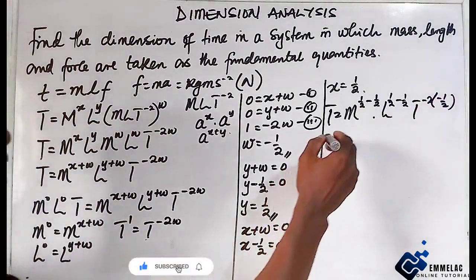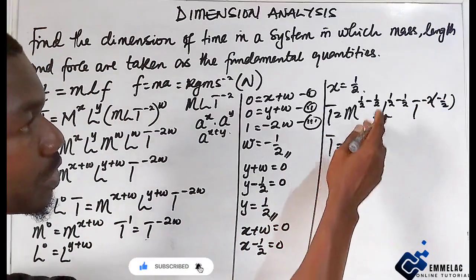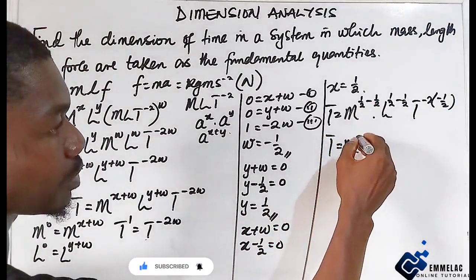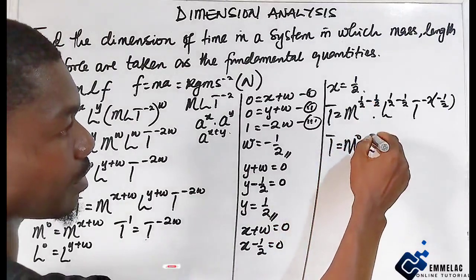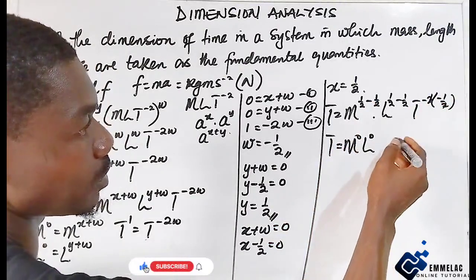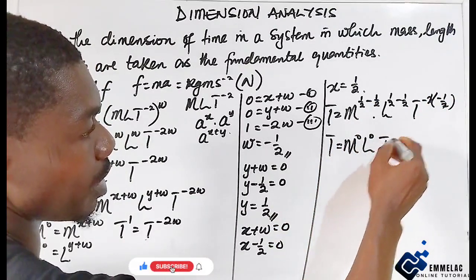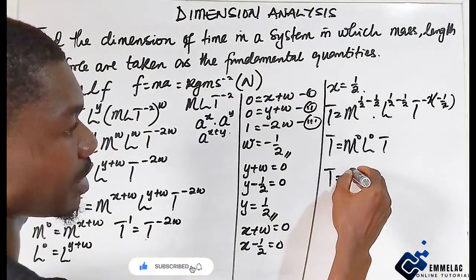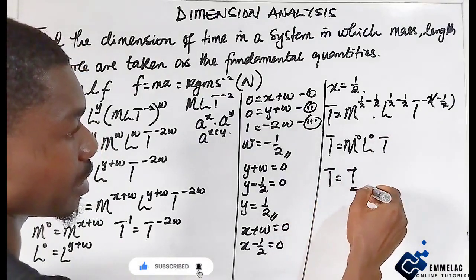So T now equals, this minus this will give us 0, M raised to the power 0, L raised to the power 0, and T, where this cancels this, 1 times 1 gives us 1. So the dimension of time equals T.